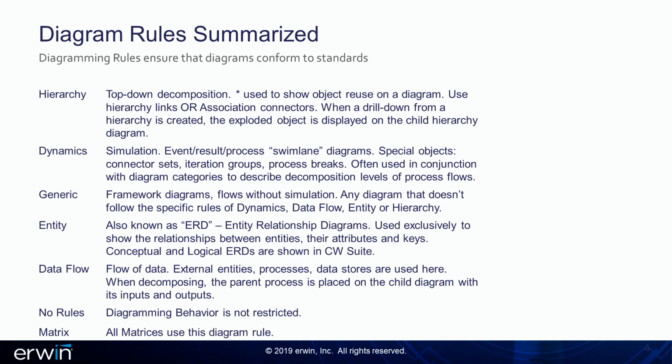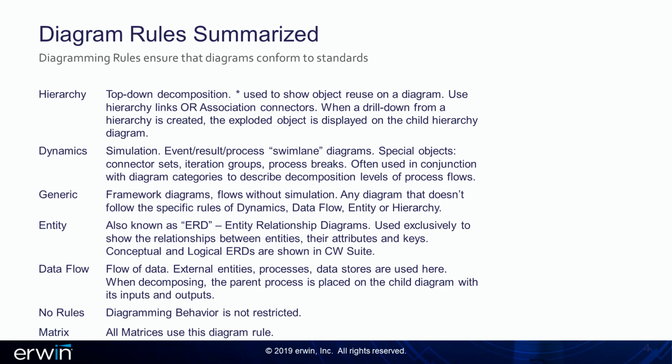Entity is used for ERDs, or entity relationship diagrams. So a diagram that comes in from Urban Data Modeler can be recreated in Urban EA as an ERD. And then data flow is for the flow of data. It generally includes specific objects such as external entities, processes, data stores.